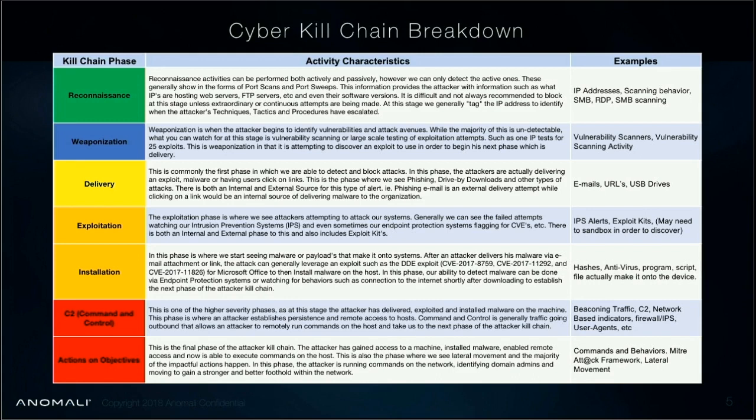And so when we start looking at controls like EDR, endpoint technologies, we can start to utilize threat intelligence hashes, file names, things of that nature. But getting our hands on those type of things, again, we're going to start using sandboxing and existing indicators already in the platform. But again, it's at the C2 level and on the action on objectives where we start to see the actual behavior.